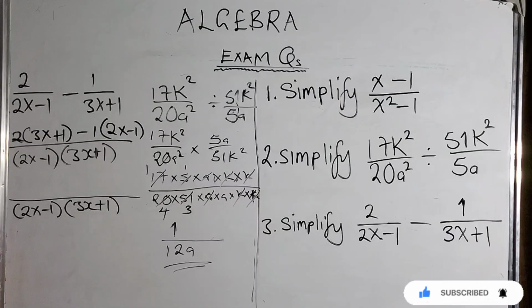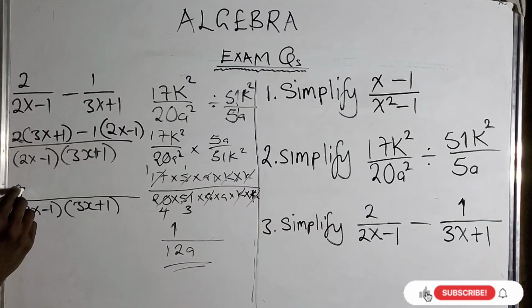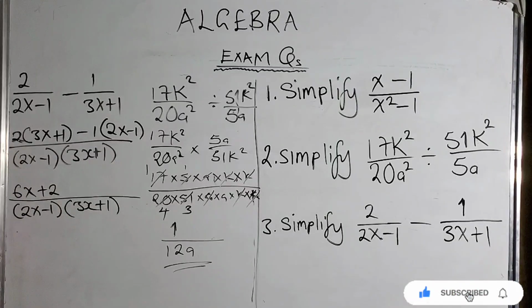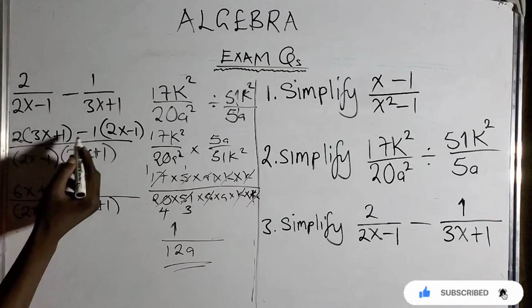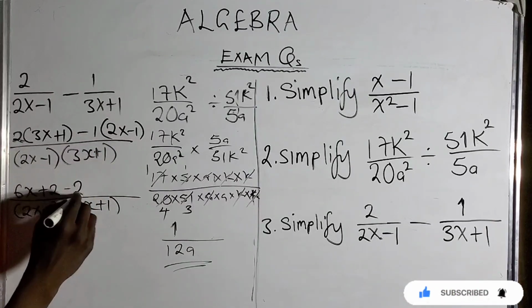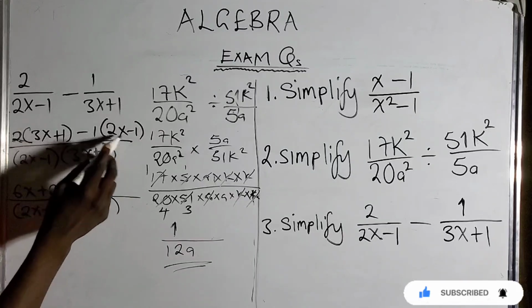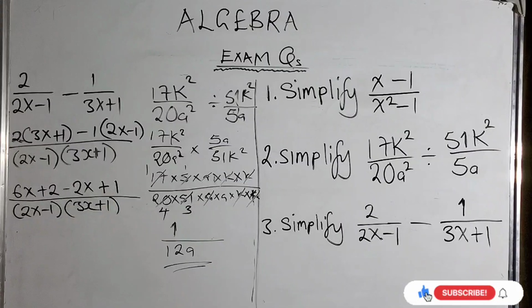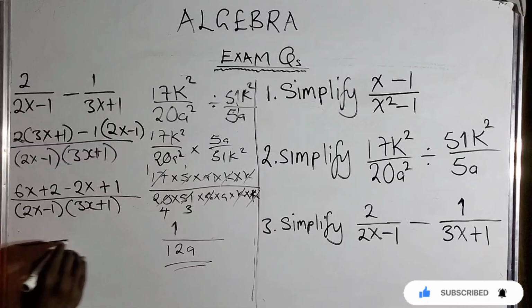Then nicely you are going to expand what is on top here. 2 times 3x is 6x. 2 times 1 is just 2. When you come here, you have negative 1 times 2x, which is negative 2x. Negative times negative is positive. 1 times 1 is just 1. When you reach this stage, you will notice that on the numerator you have like terms.